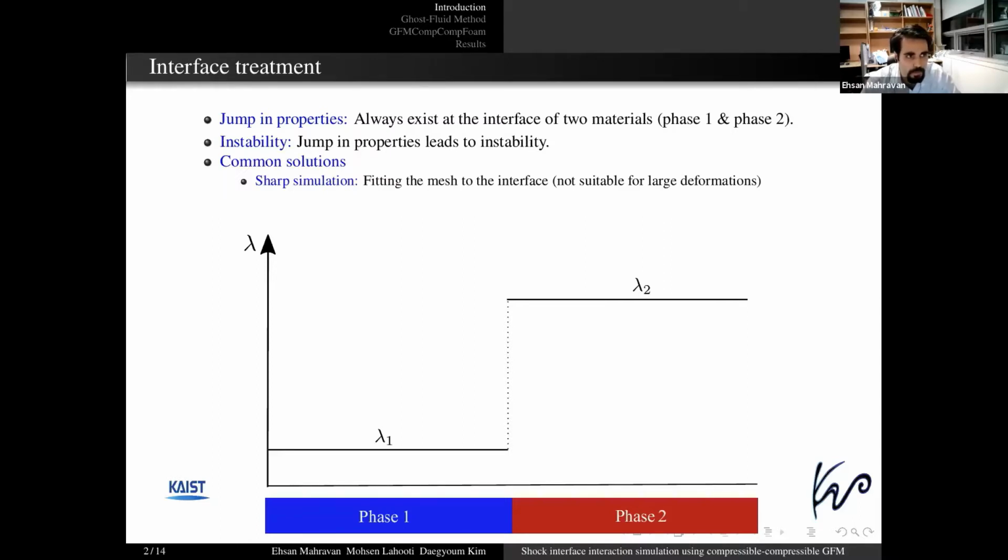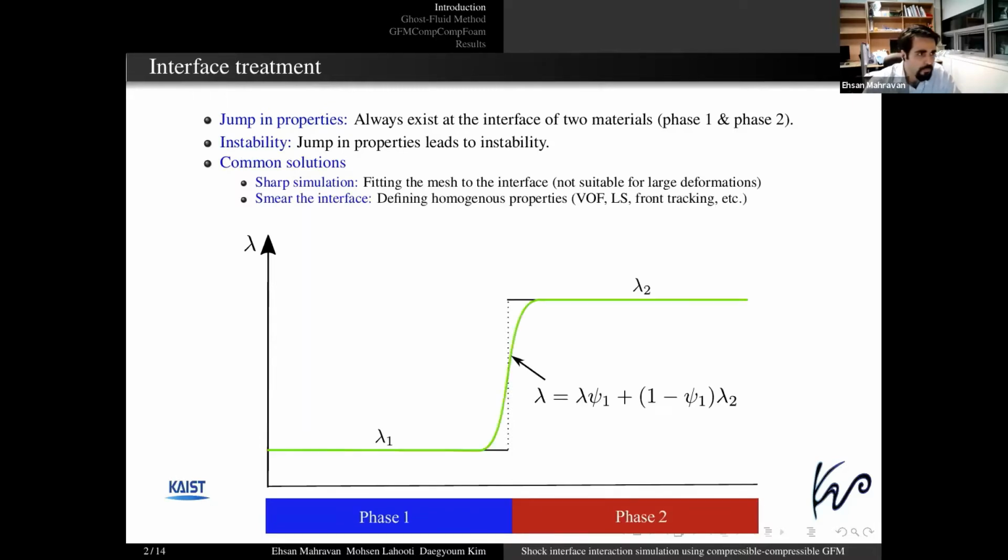One method is to fit the mesh, so it lets us sharply simulate the problem, but it doesn't suit large deformations. And the most common approach is to define homogeneous properties using level sets, front tracking, or any other methods of this kind.